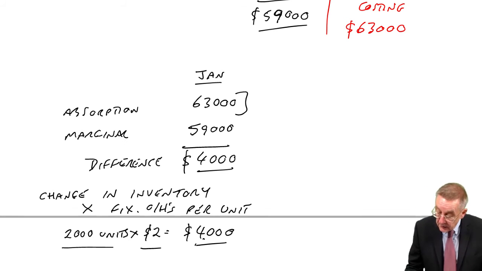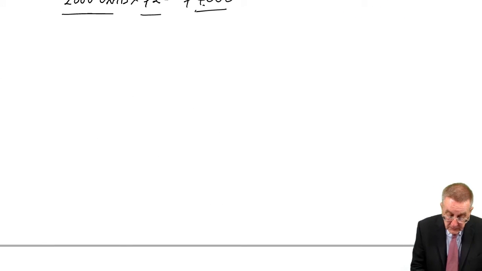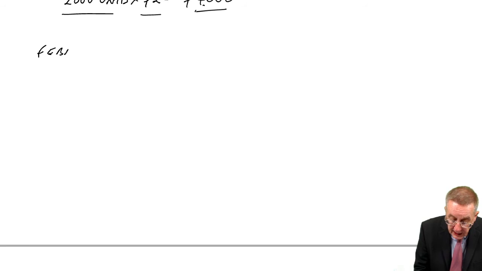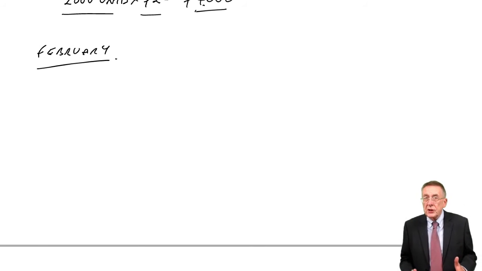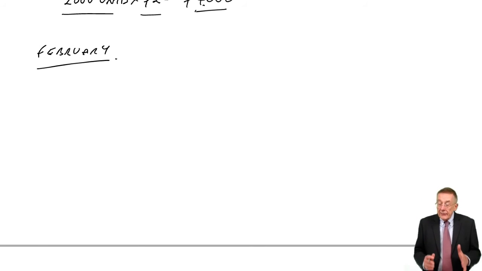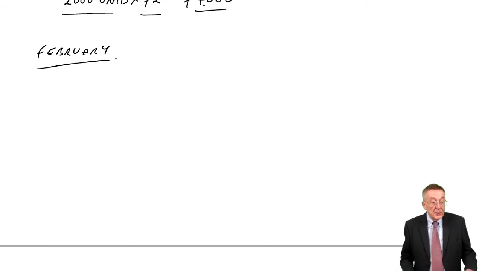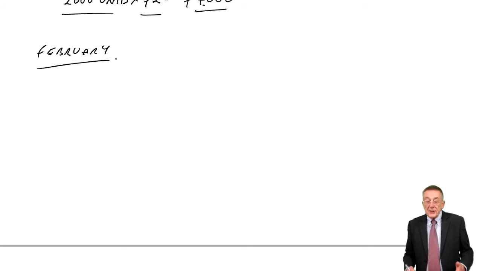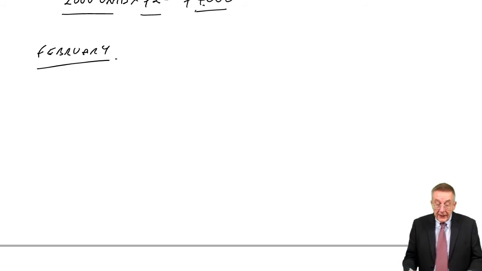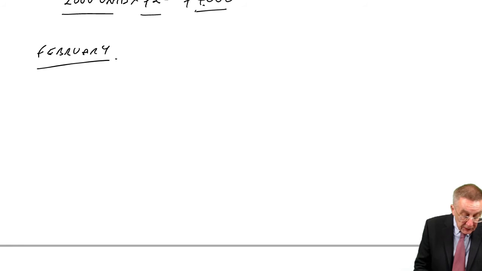To complete both examples, let's look at February. And again, this time, I am not going to do a full profit statement. If you want to do one to check yourself, have a go. There's an answer at the back. Let's do it like it would be in the exam, just saying what is the budgeted profit. The budgeted profit in February, well, first of all, the contribution.